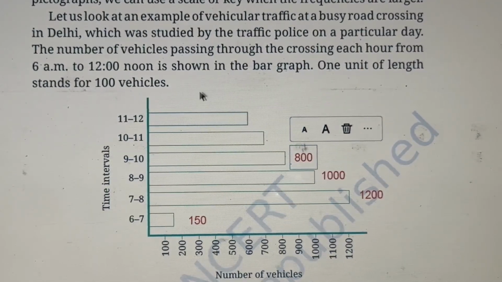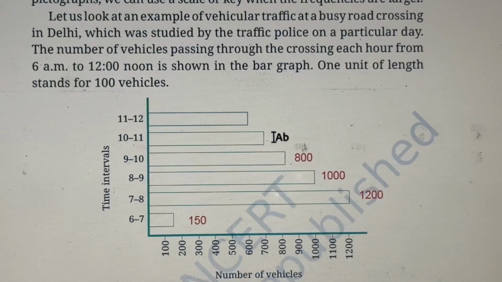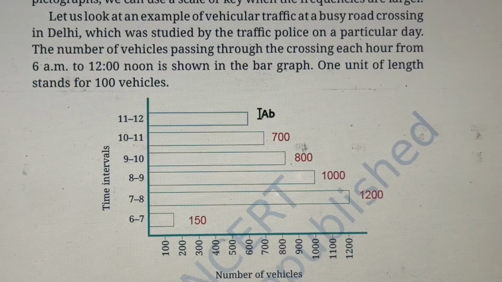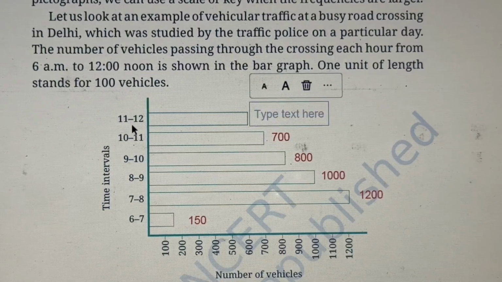Now from 10 to 11, again put a scale so that you get the exact number, 700. Then 11 to 12, just again check the line, so it is 600.